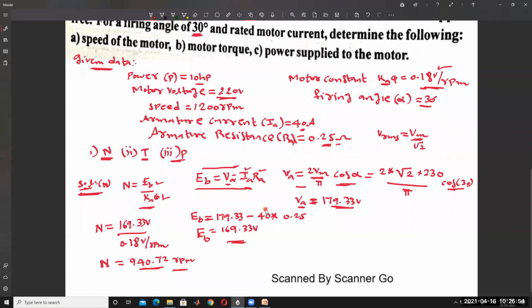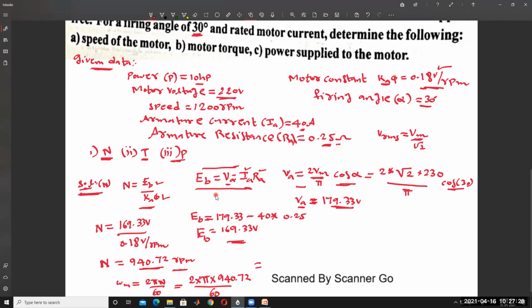Then convert into radians per second. Omega is equal to 2 pi n by 60. Speed converted into radians per second: 2 into pi into n, here n is 940.72, divided by 60.